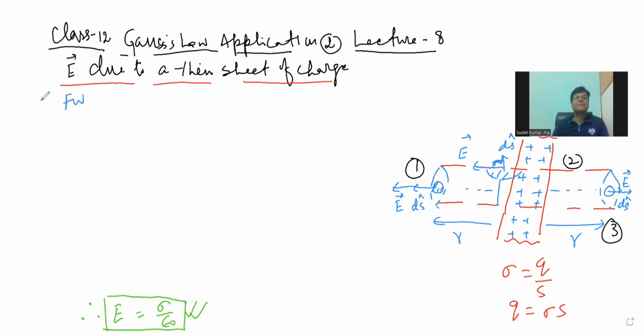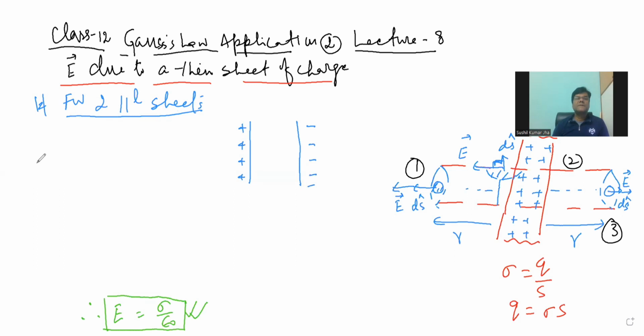For two parallel thin sheets, the sheets are like this, both are charged. So if one is positive, the other one would be negative.